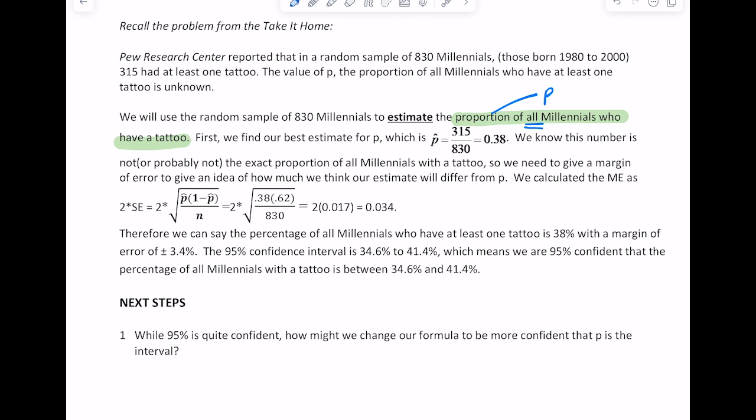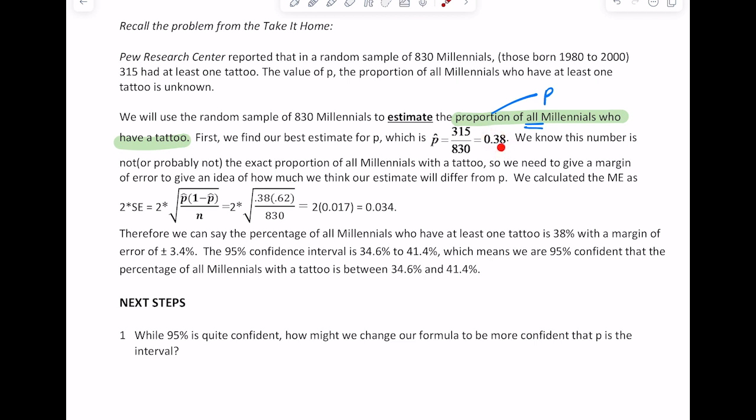Okay, so we want to determine a margin of error if we want to do a 95% confidence interval. To do that, if we're dealing with 95%, we would multiply the standard error by 2. So we would take the number of millennials in our sample that have at least one tattoo, which is 315, divide it by the total in our sample. 315 divided by 830 is 0.38.